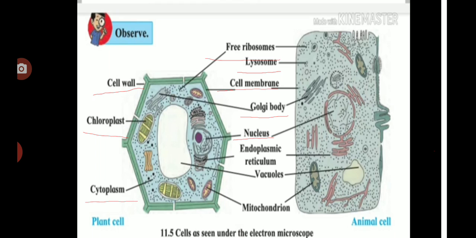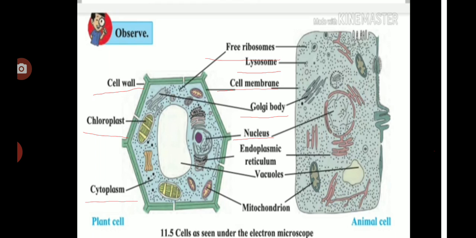Okay. The first component is the cell membrane. The cell membrane is present in the plant cell and the animal cell. The next is the cell wall. Yes, the cell wall is present only in the plant cell, not in the animal cell. What is present in the animal cell and absent in the plant cell?